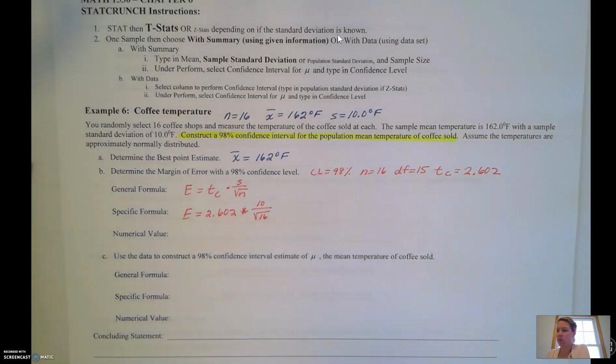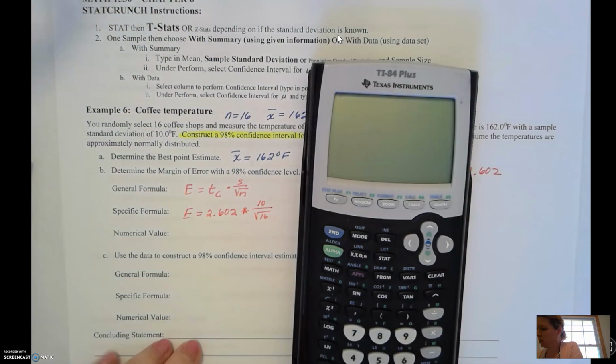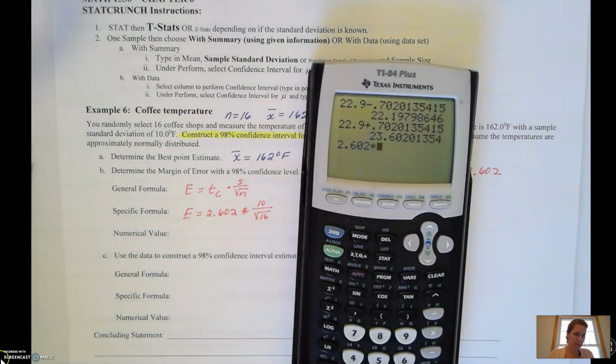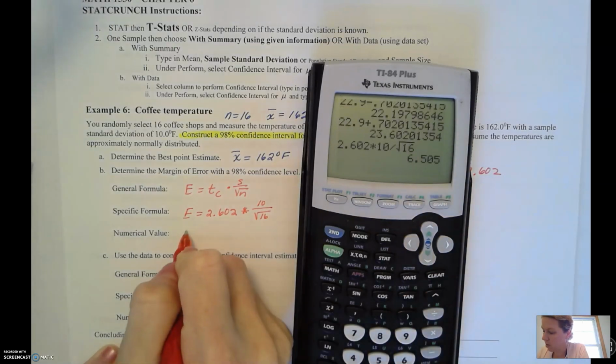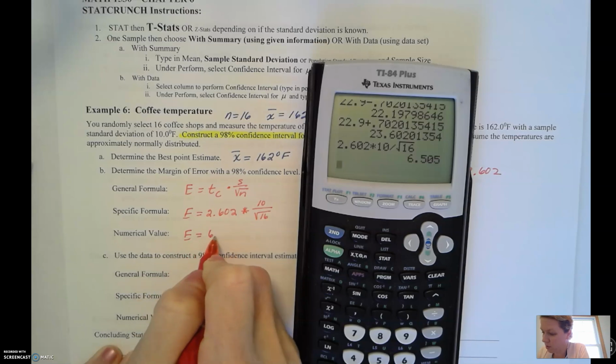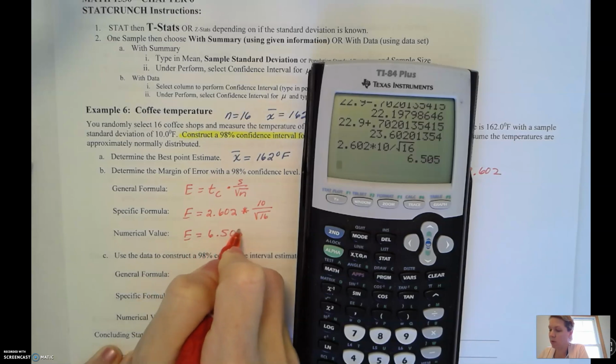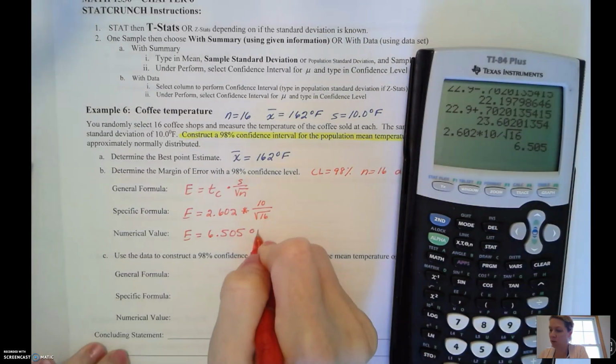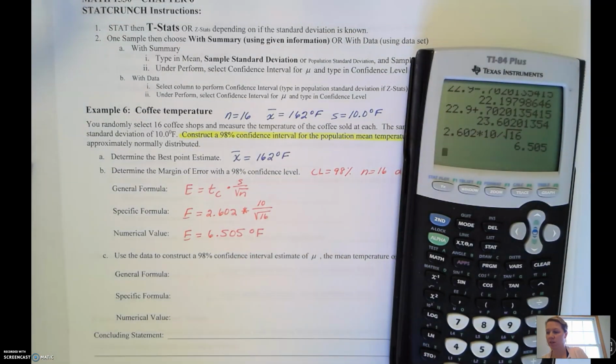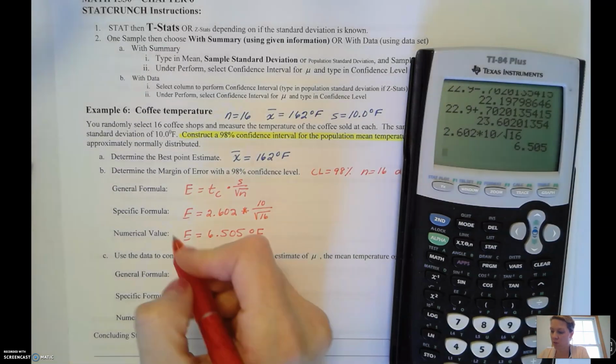On our calculator, we can go 2.602 times S, which is 10 divided by square root of 16. There we go. And we get E, the margin of error, is 6.505. And remember, again, your units need to include the same units as our problem, so this is degrees Fahrenheit. So margin of error, degrees Fahrenheit.